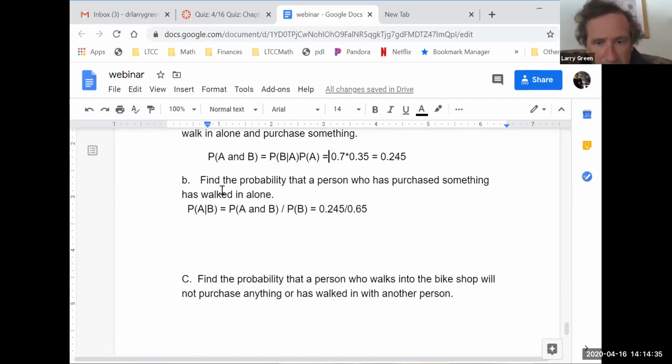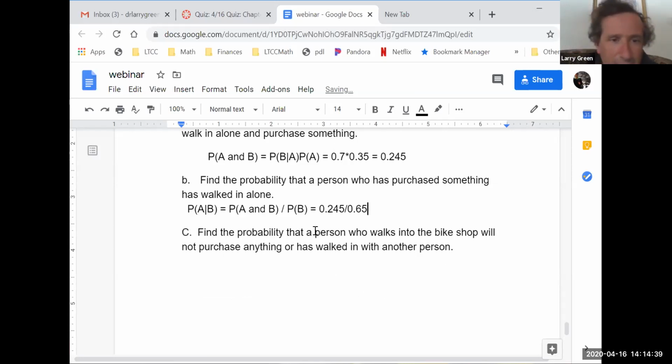Okay. So find the probability that a person who walks into the bike shop will not purchase anything or has walked in with another person. What is that? What's that the probability of?